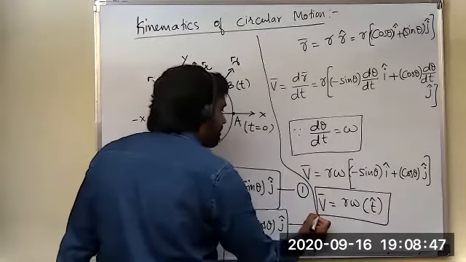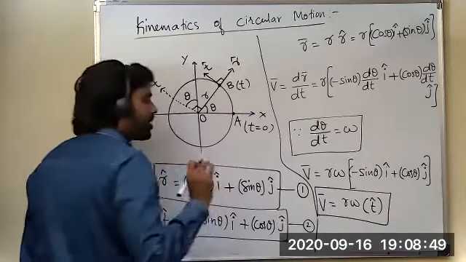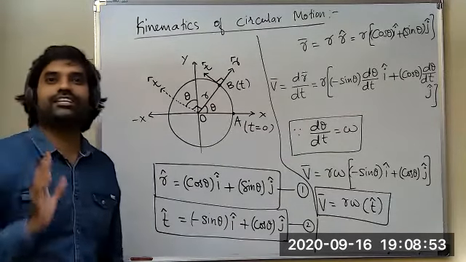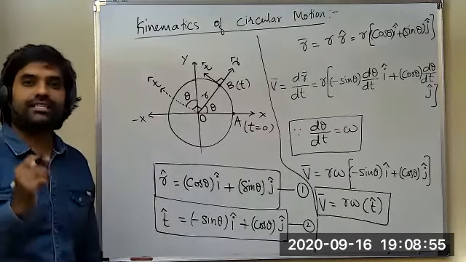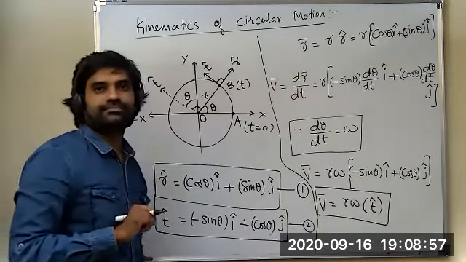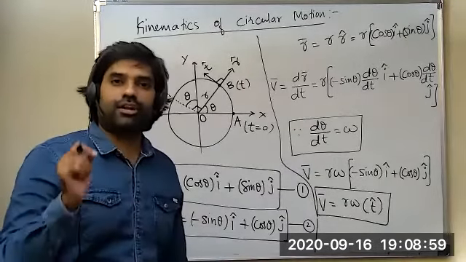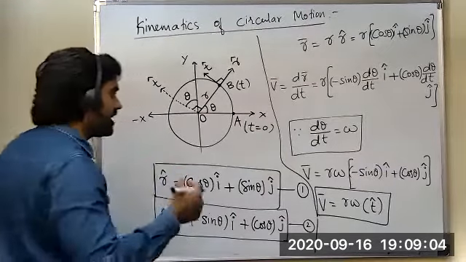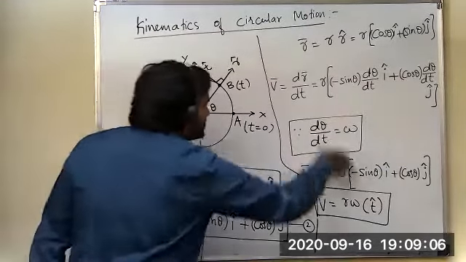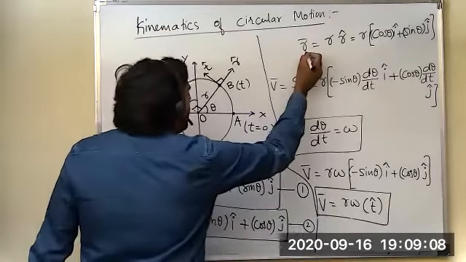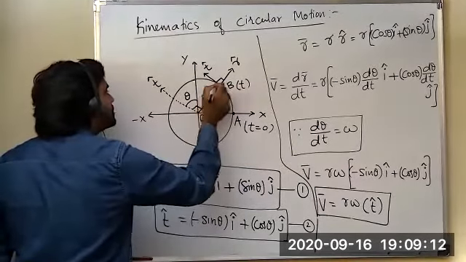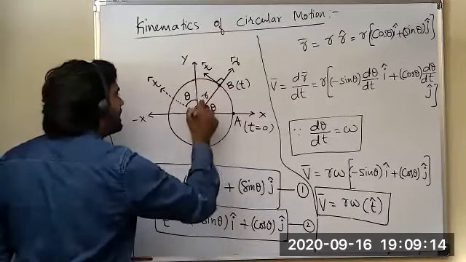That means the velocity of a body moving on a circle always points along the tangent, and it is said to be the linear velocity. For a body moving on a circle, its linear velocity always points along the tangent. That we have proved, because r is a position vector joining the origin and the body that is moving on the circle in this coordinate system.